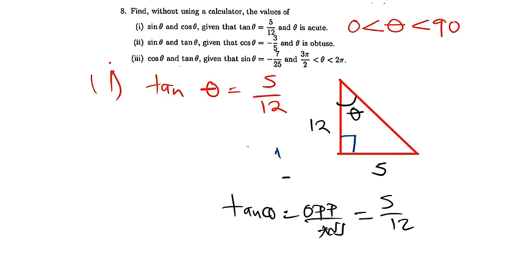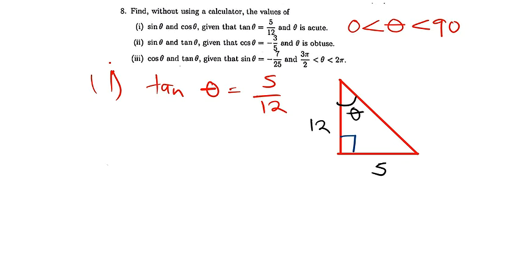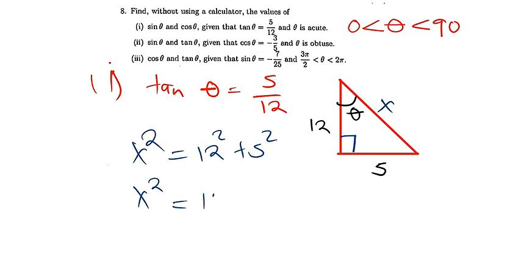So we can try to find the missing side. Since this is a right angle triangle, we can use Pythagoras theorem. The hypotenuse, let's call it x in this case. The square of the hypotenuse is equal to the sum of the squares of the other two sides. So that's going to be 12 squared plus 5 squared. So we have x squared is equal to 144 plus 25. That should be 169. Now what is the square root of 169?